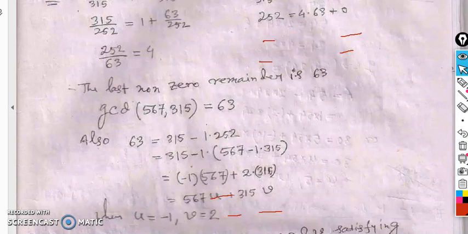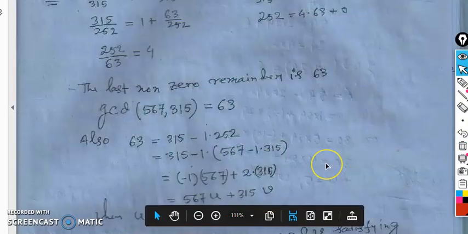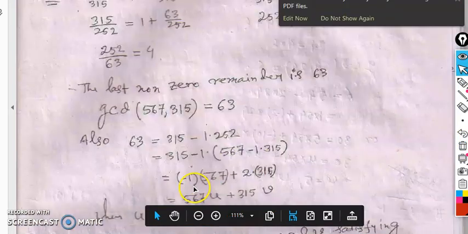To find the result of the u and v procedure, we consider minus 1 into 567, and minus 1 into minus 1 becomes plus 1, and this becomes plus 1, so the result is minus 1 into 567 plus 2 into 315.